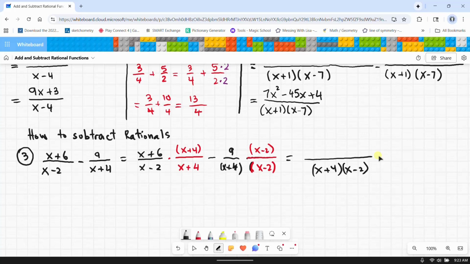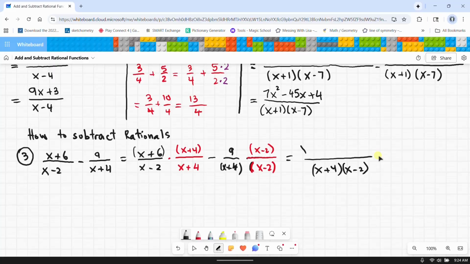So make sure that you simplify the numerator after you multiplied it in. So make sure you understand how to multiply polynomials. We can use the box method or we can use the distributive. So here I'm just going to use the distributive to multiply this out.